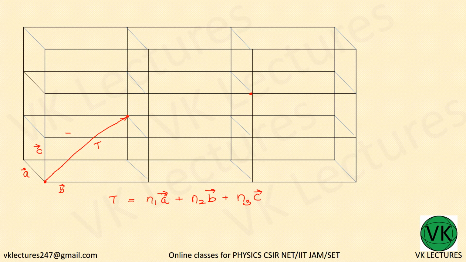Now a, b and c are the lattice constants. So any point on this three-dimensional lattice can be represented by the translational vector t, which is given by n1a, n2b and n3c, where a, b, c are the lattice constants.